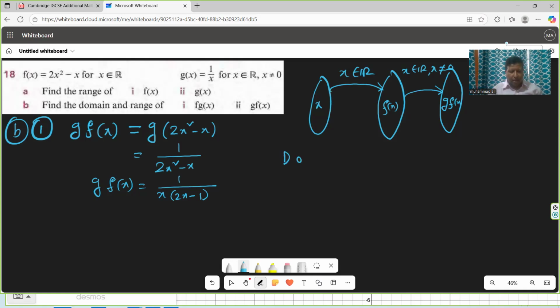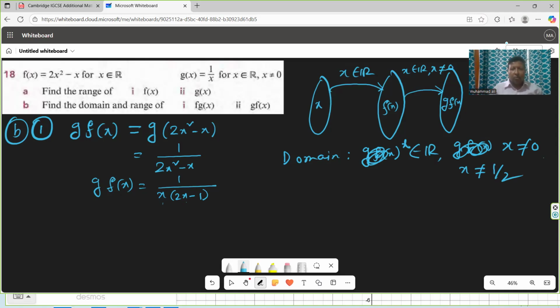So we have to write here the domain of gf(x): x belongs to real number, x is not equal to 0 and x is not equal to half, because if we put x = 0 it is undefined, and x = half is also undefined.